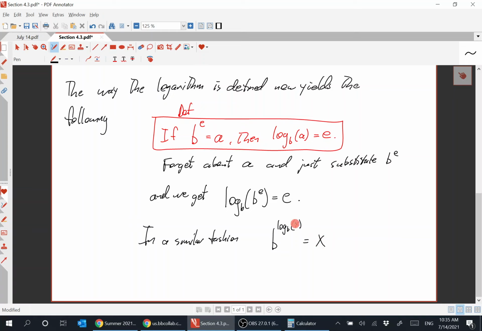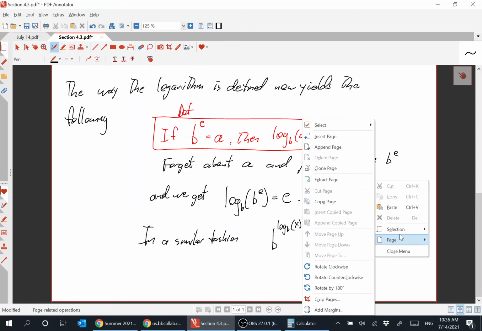So the log of a value is the exponent you need to take the exponential function with base b to that value. Right? So it's the exponent of the number as an exponential with base b. So when I take b to the exact exponent for b to get x, then I get x.